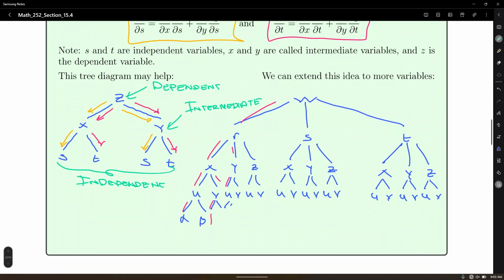For this big branch, the dependent variable is w, the independent variables are alpha and beta, and all the variables in between, r, s, t, x, y, z, u, and v, are the intermediate variables.